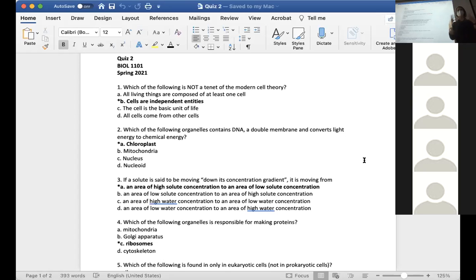That is the function of a chloroplast. They have their own DNA just like mitochondria do. They also have a double membrane. But the main giveaway there is that it converts light to chemical energy. Stop me if you have any questions about any of these, obviously.